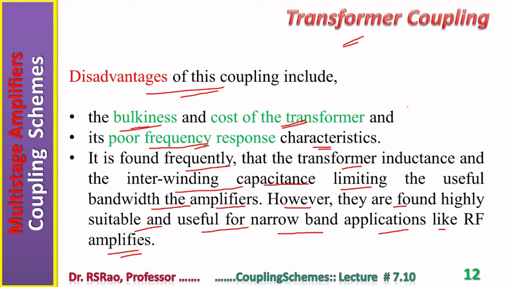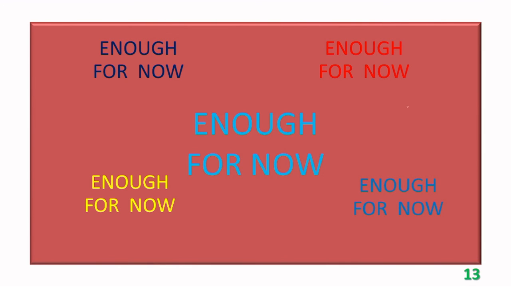Lower bandwidth limits its use with low frequency applications, but when it comes to RF applications, it is not a problem. So transformer coupling is used at RF frequencies or in coupling stages of RF amplifiers, multi-stage amplifiers.